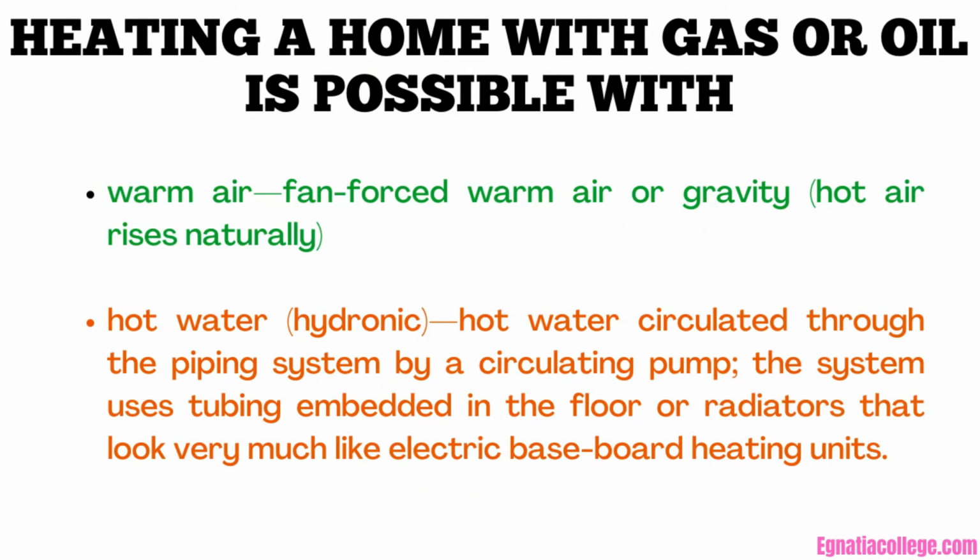Heating a home with gas or oil is possible with warm air, fan-forced warm air or gravity. Hot air rises naturally. Hot water, hydronic, hot water circulated through the piping system by a circulating pump. The system uses tubing embedded in the floor or radiators that look very much like electric baseboard heating units.